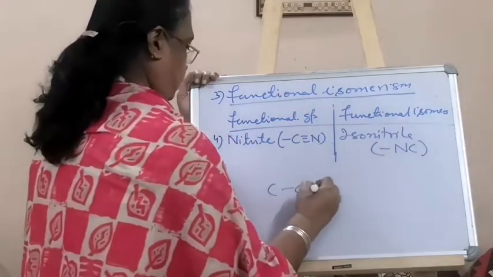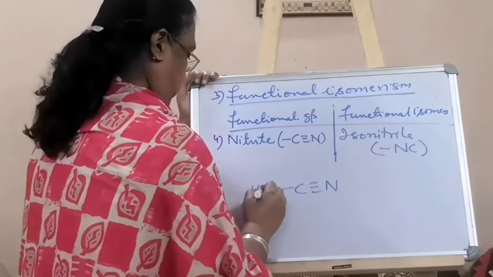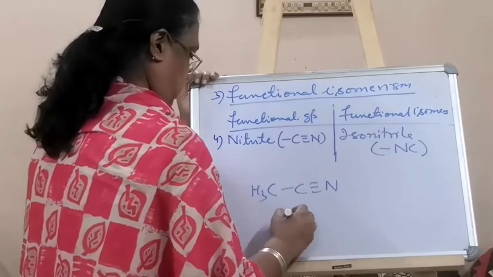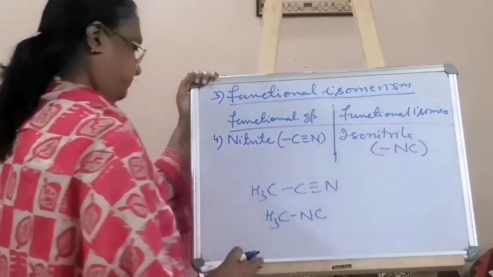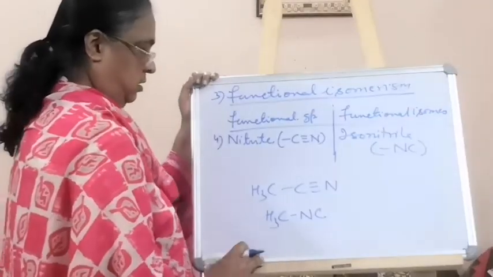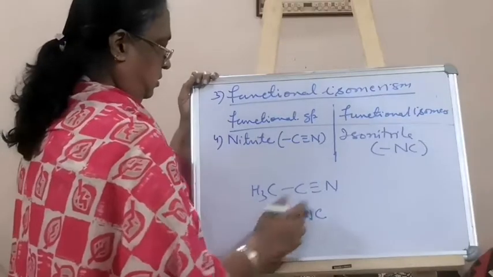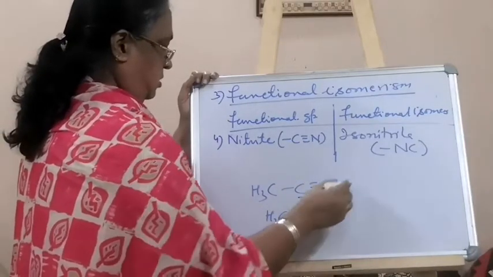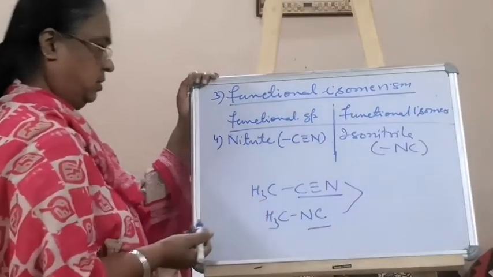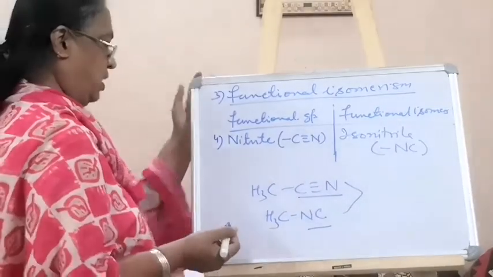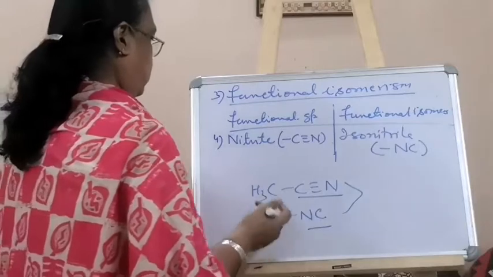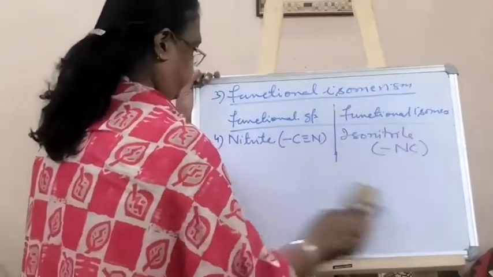So 1, 2, triple bond N is 3, then C N C is 3. So here we have the same atoms, the same type of elements, so they are functional isomers.